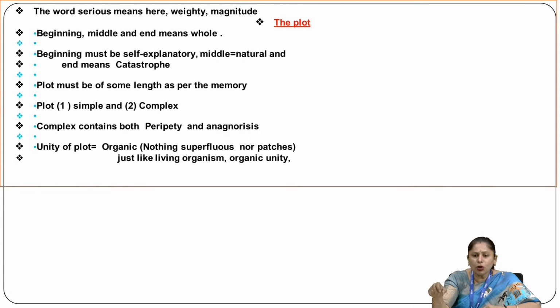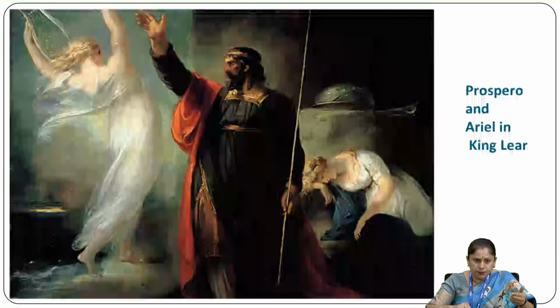So simple plot deals with the beginning, middle and end of the drama, or of the story, and this complex plot deals with peripecia and anagnorisis. These are the two main things which are very much important in Aristotle's Poetics. So we have to learn peripecia and anagnorisis, which we are going to take afterwards.